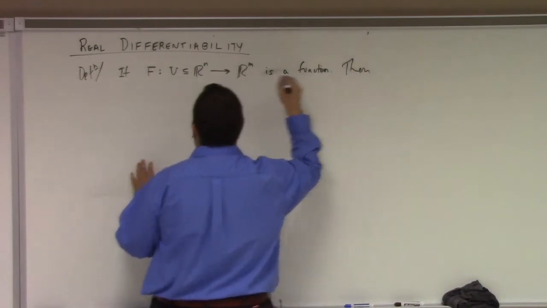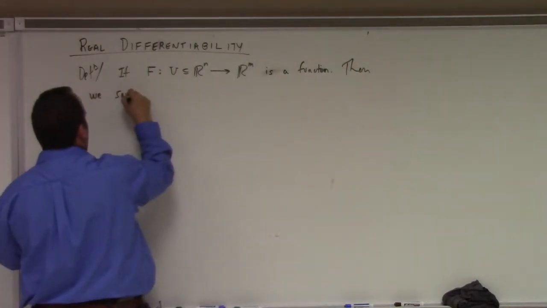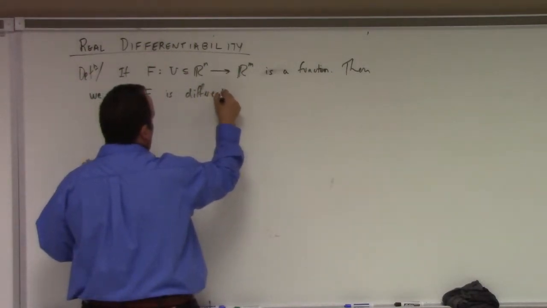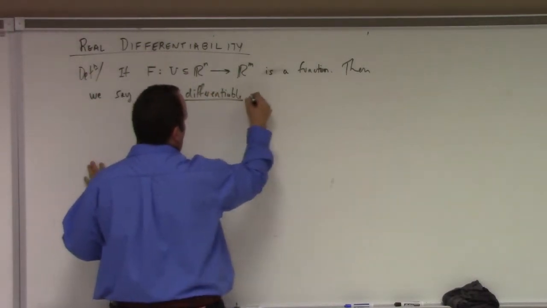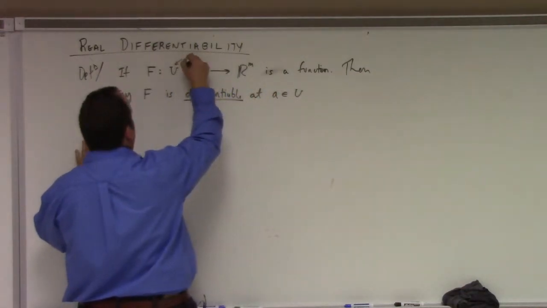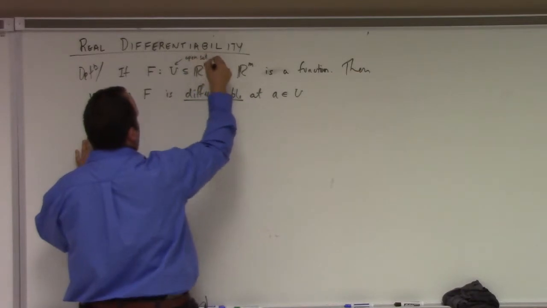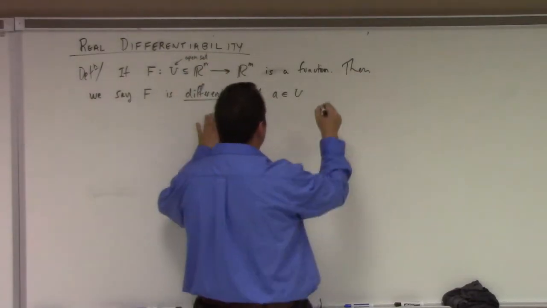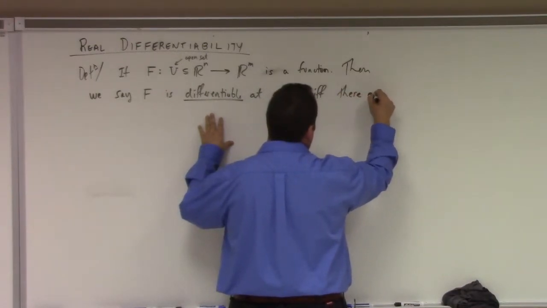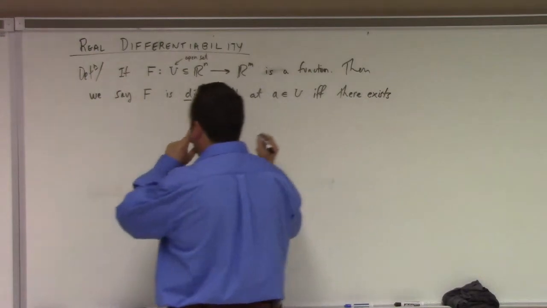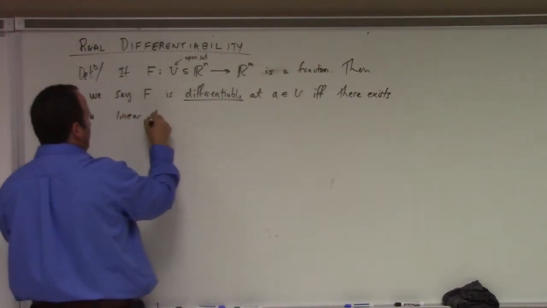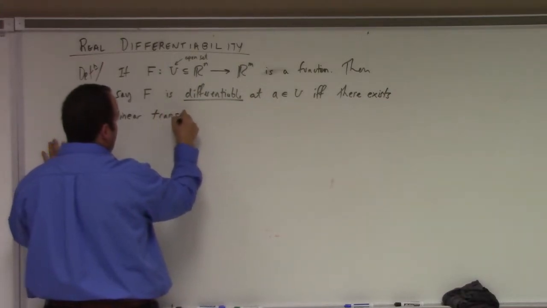Then we say f is differentiable at a in U. Now, I'm assuming that this U is an open set, okay? I should say that. Differentiable at a in U if and only if there exists a linear function, or we could say linear transformation, that'd probably be better terminology, linear transformation.